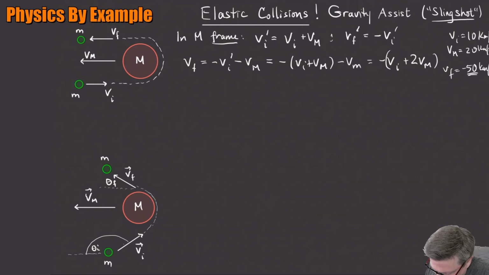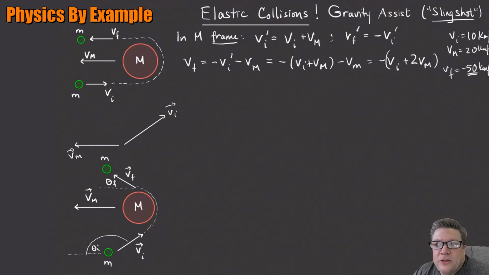Let's slide the vectors around like we can do. Here's my VI, and there's the VM. What you do in general to transform frames is subtract these.